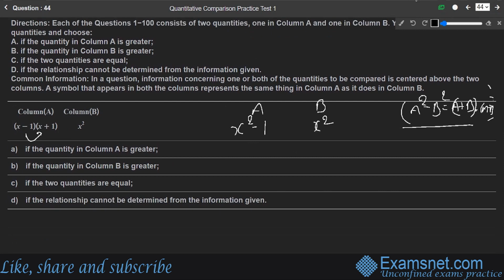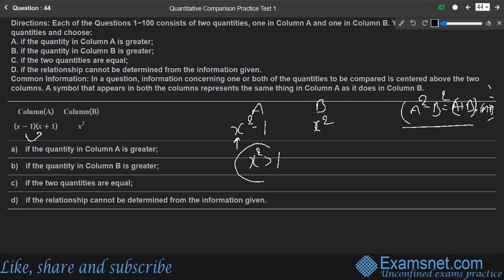So clearly we are supposed to find which will be greater, x square minus 1 or x square. The thing to understand here is that x square is always going to be a positive value, because the square of any negative number also becomes positive. So x square is always greater than 1.